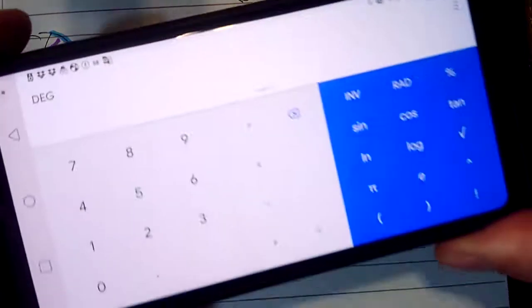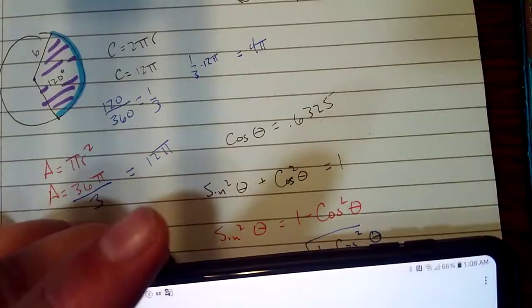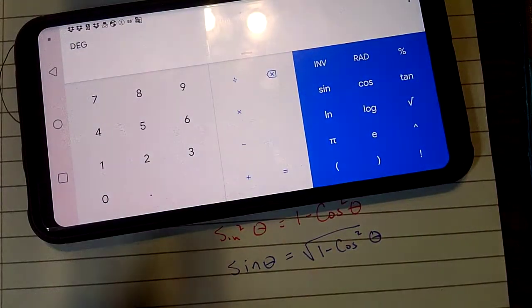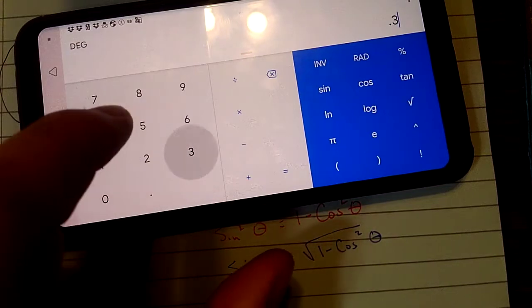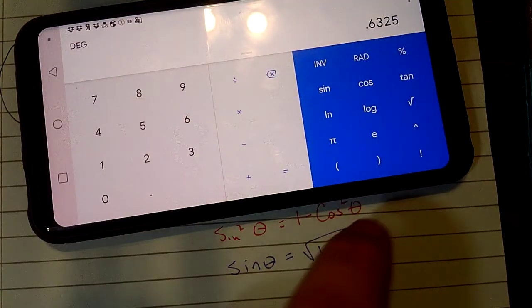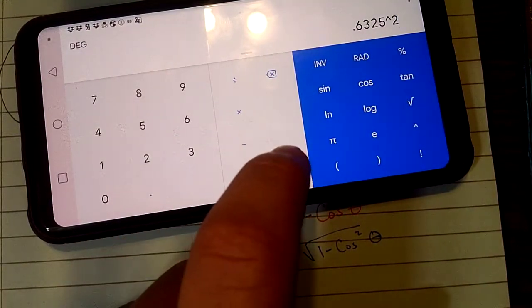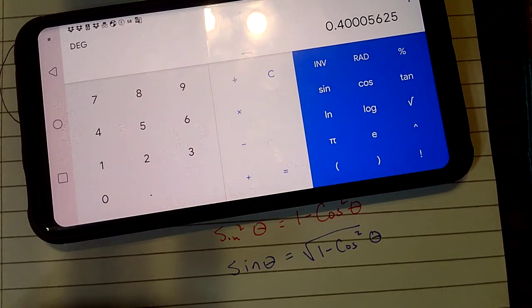Okay, so let's work through this. What did I say it was? 0.6325. First thing I want to do is square it. Give me some number, 0.4002, I think.